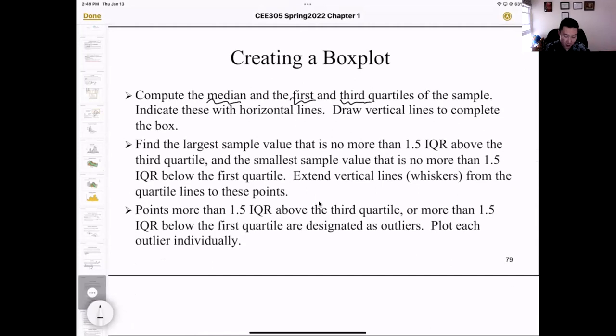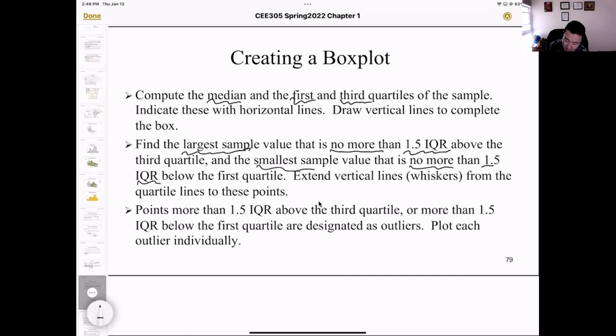Also, we need to find the largest sample which is no more than 1.5 IQR, interquartile range, above the box. We also need to find the smallest sample no more than 1.5 IQR below. Doing this, we can isolate the outliers. You will see in a moment.